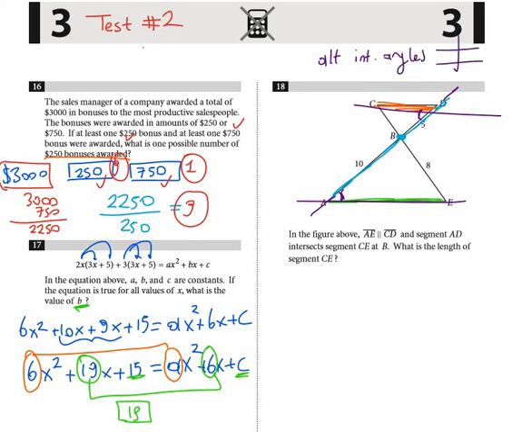If these two lines are parallel, then those are the alternate interior angles, or you can think of the inside of the Z shape. Okay, so one angle is the same, and we know that this angle is the same as this angle.